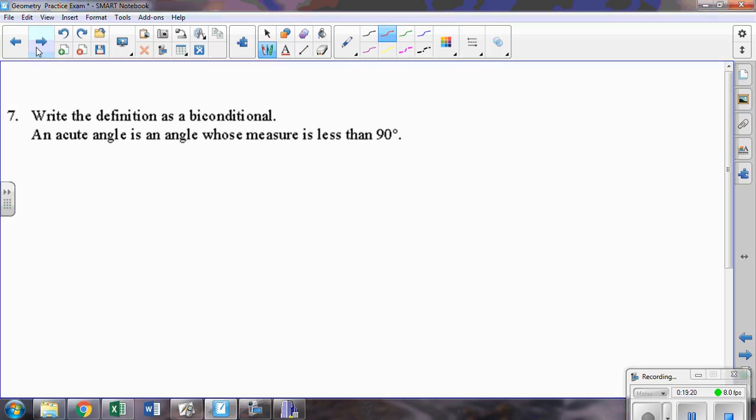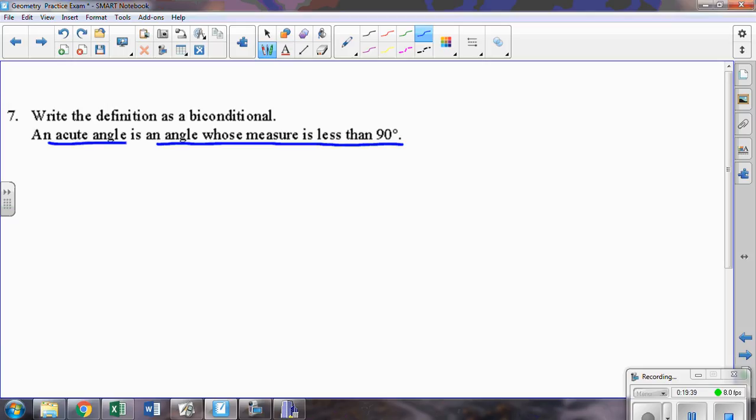Continuing further, write the definition as a biconditional. Well, an object worth noting, an acute angle is an angle whose measure is less than 90 degrees.